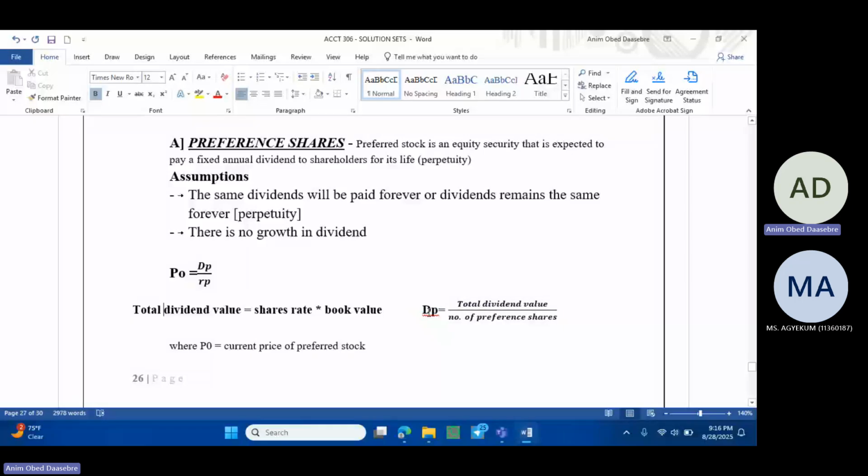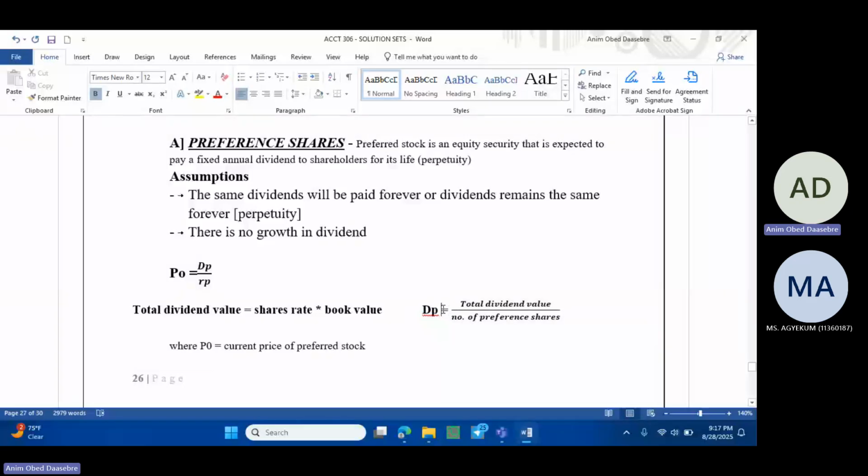Now, after you have gotten the total dividend value, you divide it by the number of preference shares. This total dividend value is not in annual terms.